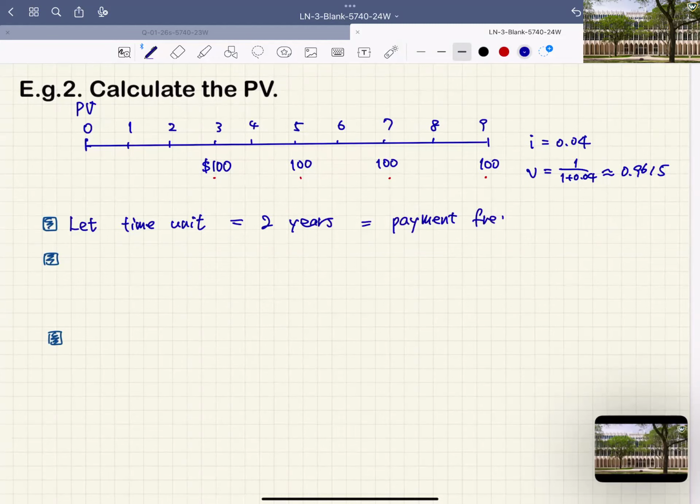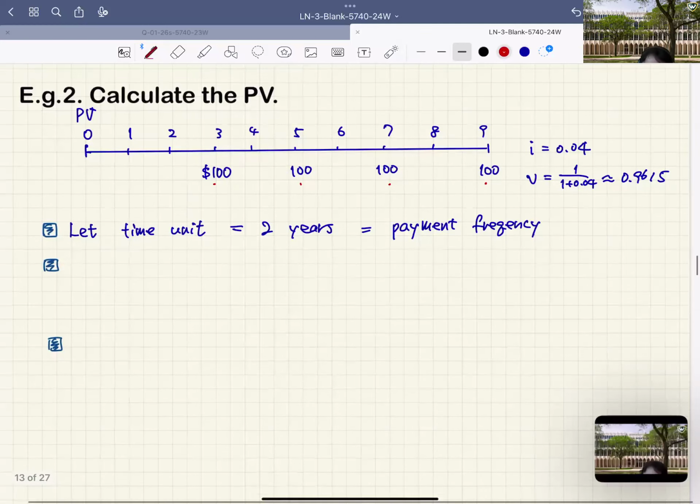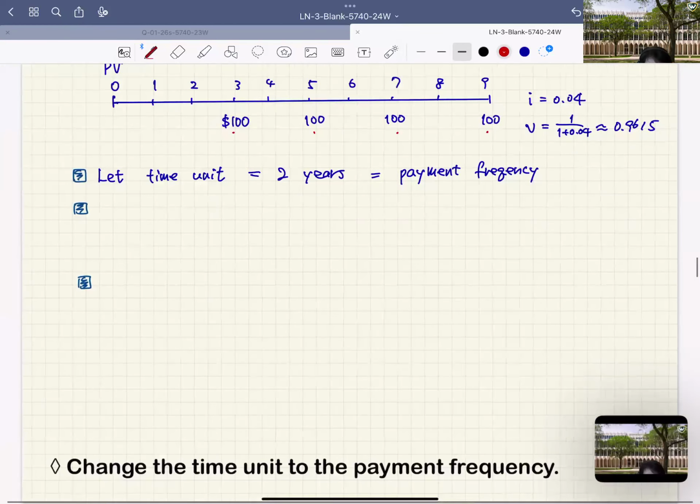Most of the time, this is the best strategy. Occasionally, a different time unit may be convenient with some formulas, but the time unit equal to the payment frequency is usually most convenient.